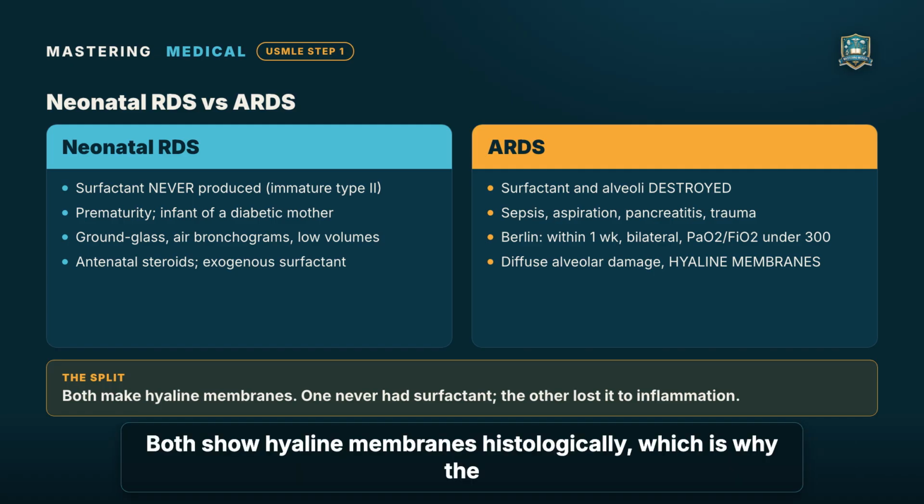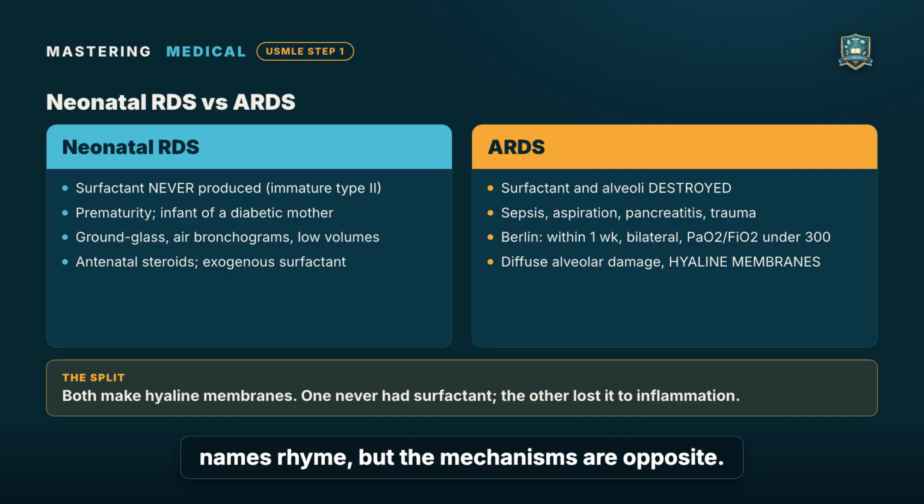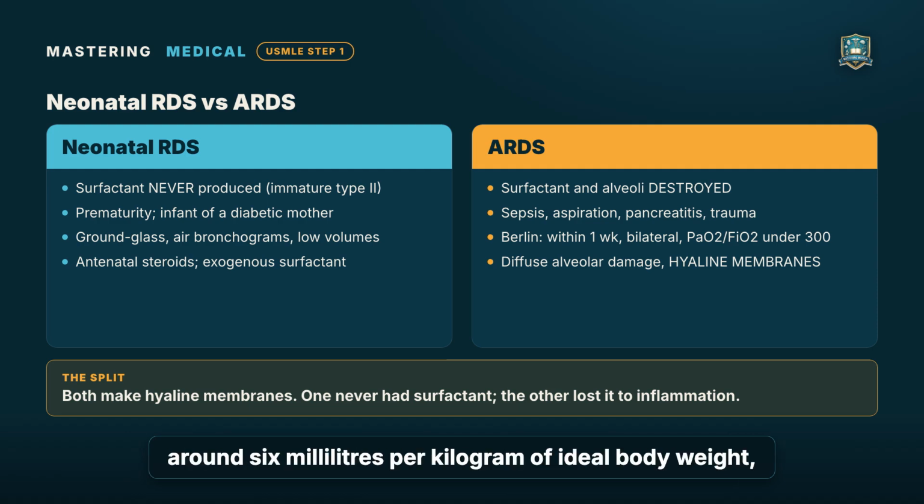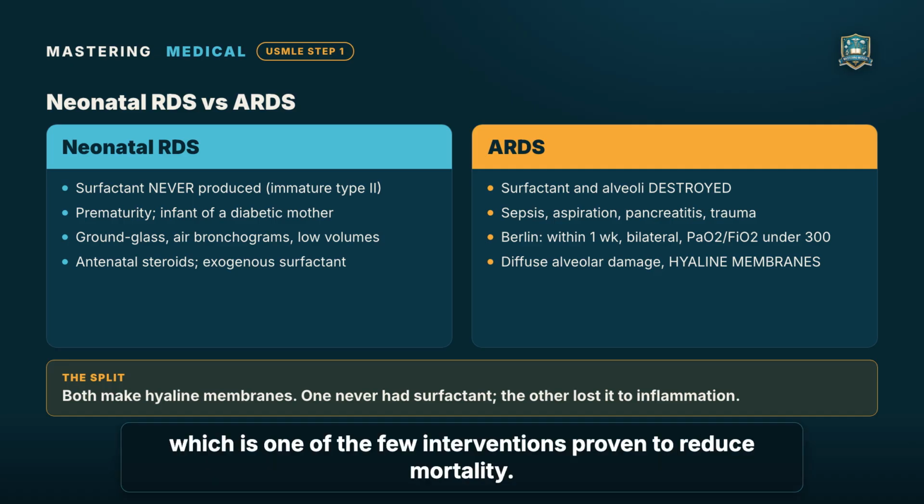Both show hyaline membranes histologically, which is why the names rhyme, but the mechanisms are opposite. Manage ARDS with low tidal volume ventilation, around 6 milliliters per kilogram of ideal body weight, which is one of the few interventions proven to reduce mortality.